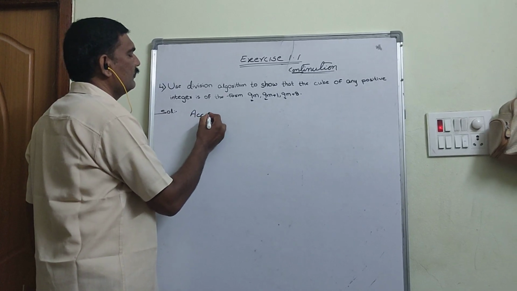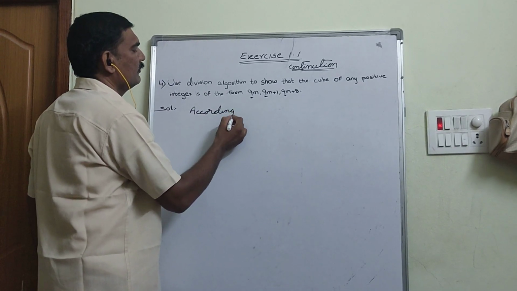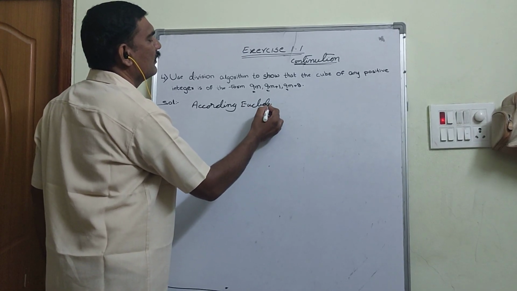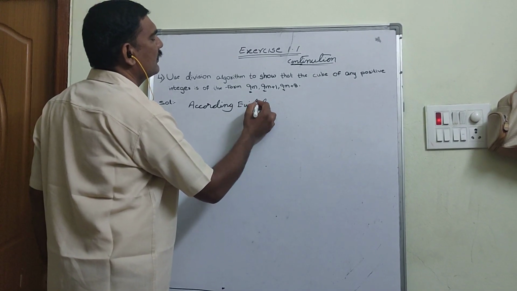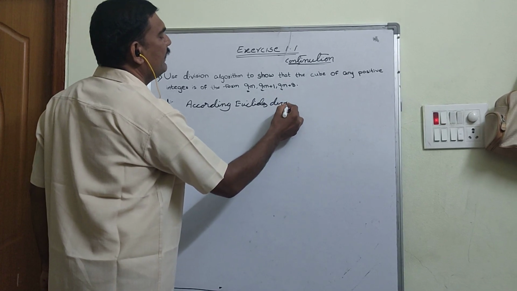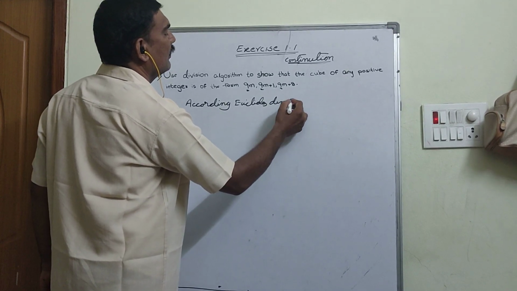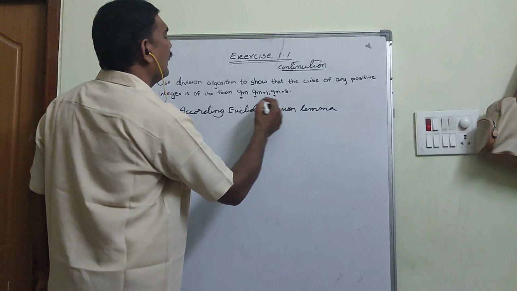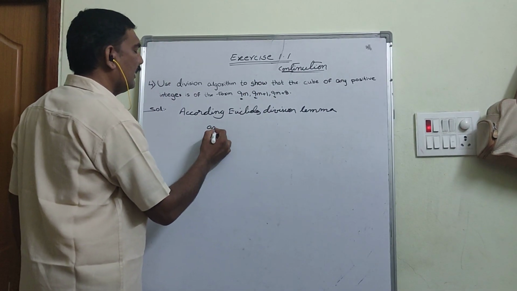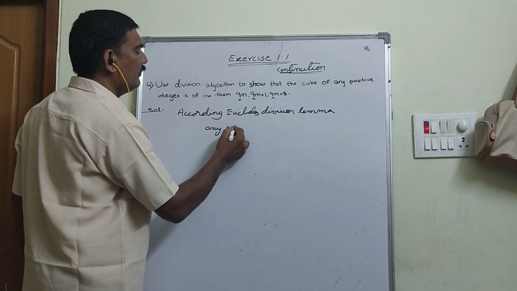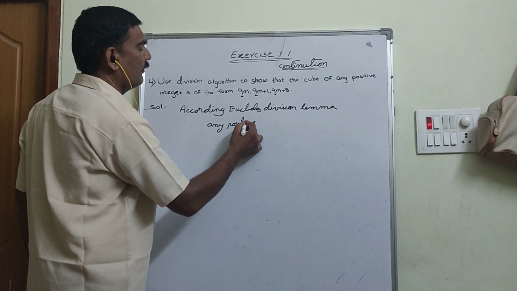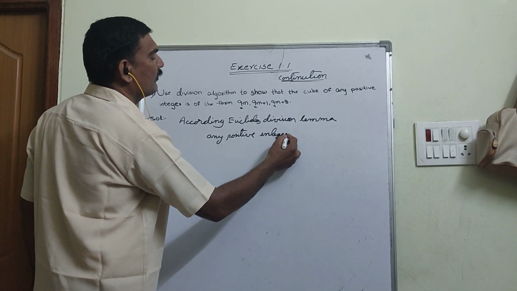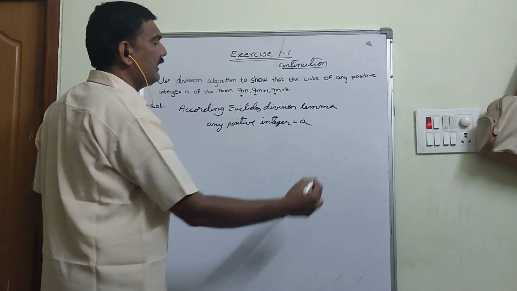According to Euclid's division lemma, any positive integer you are assuming as a.